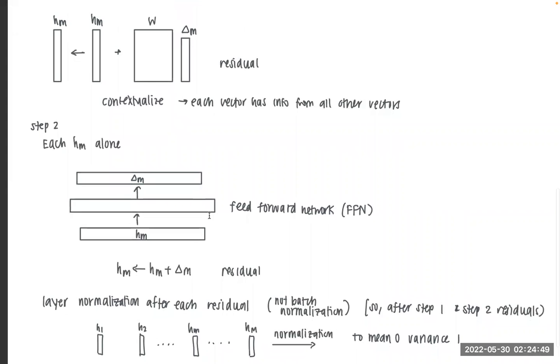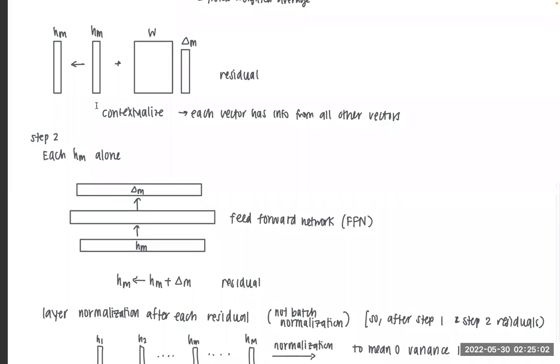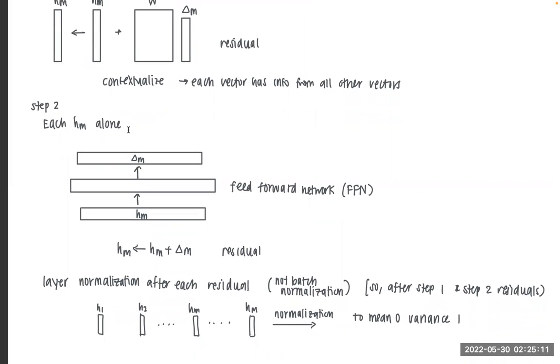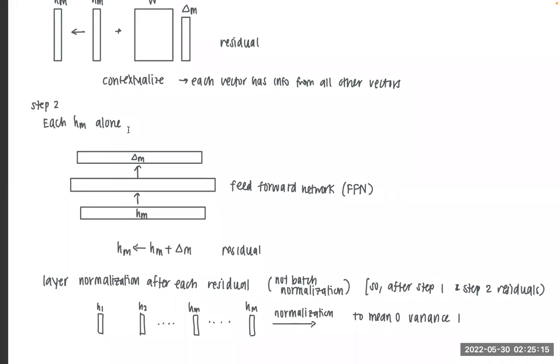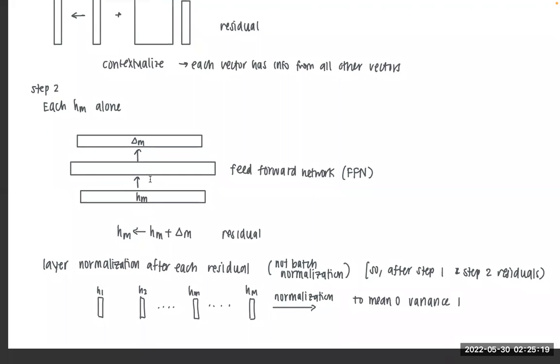And for each residual type of addition, this step and this step, after each one, you can also do a layer normalization. So for all the HM, you just normalize the elements of HM to have mean 0 and standard deviation 1, just like batch normalization, so that we can avoid covariate shift for more stable training and better result.